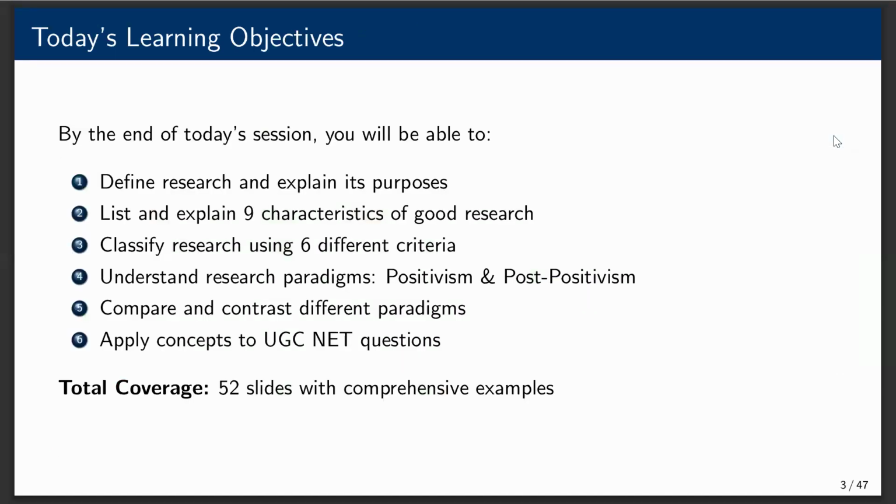So what is today's learning objective? By end of today's session, you will be able to define research and explain its purposes, list and explain 9 characteristics of good research, and classify research using 6 different criteria, understand research paradigms, positivism and post-positivism, compare and contrast different paradigms, and apply these concepts to UGC NET questions.